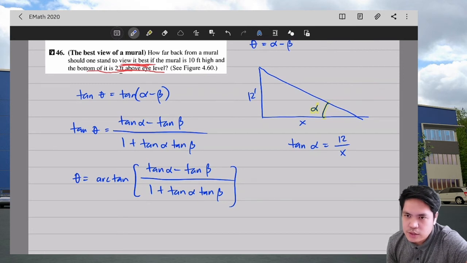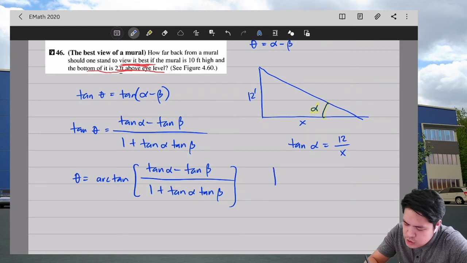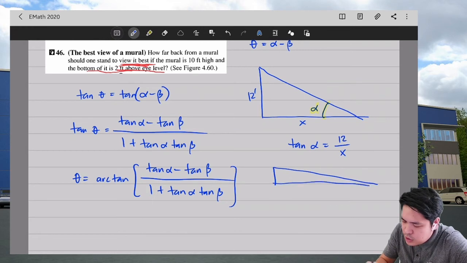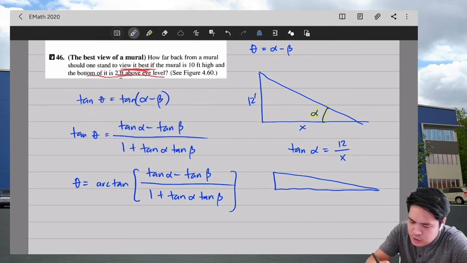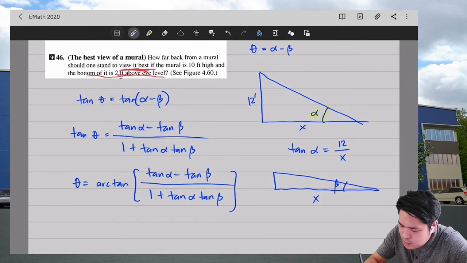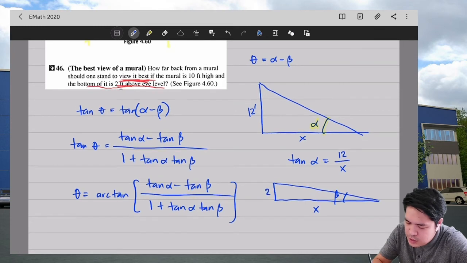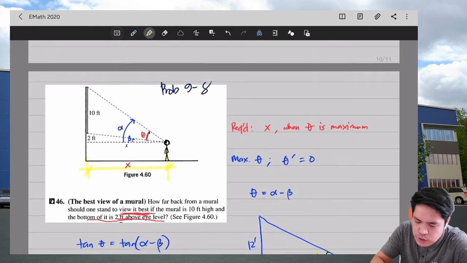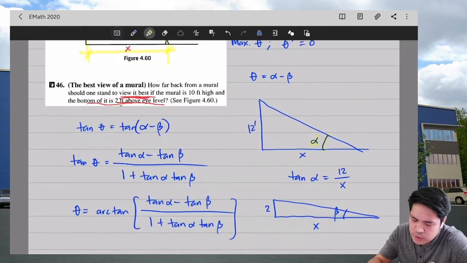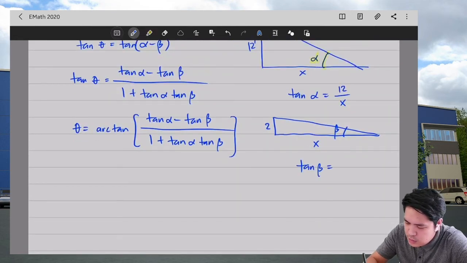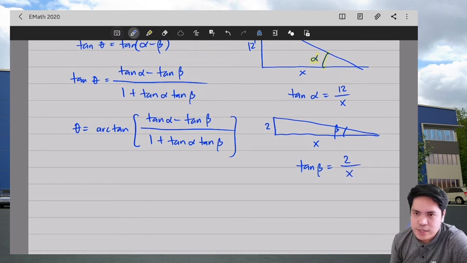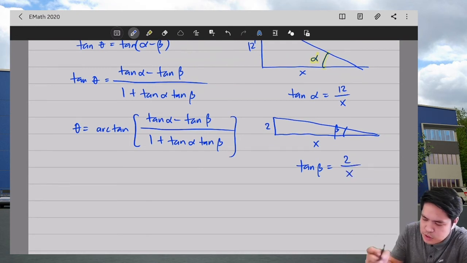So 12 over x. Now if we reconstruct the smaller triangle, in which this angle is beta, and this distance is x and this is 2. I'm referring to this smaller triangle. So therefore, from here we know that tangent beta is equal to opposite, which is 2, over adjacent, which is x. Okay? Then we substitute.